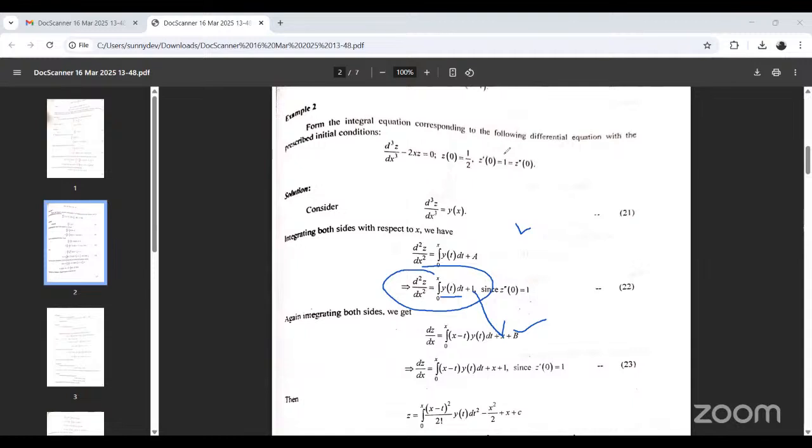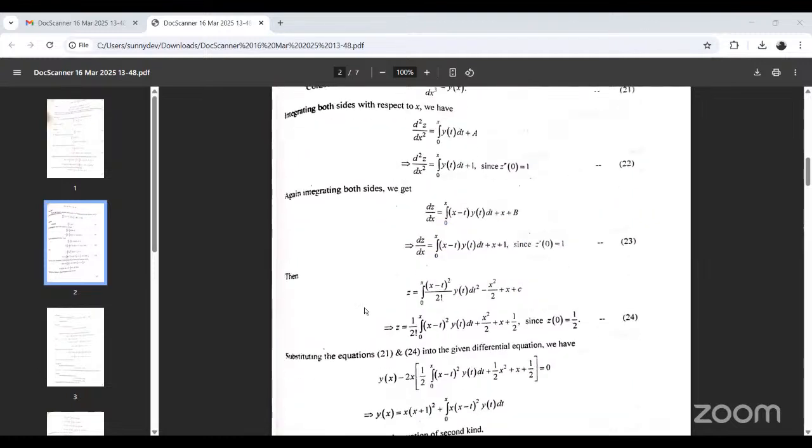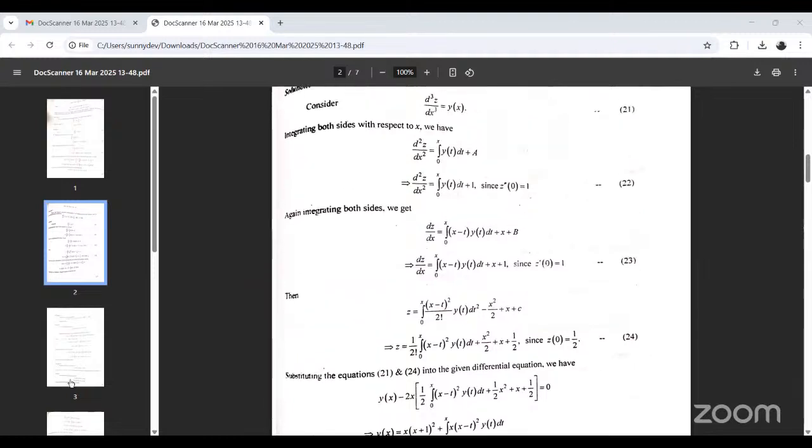Again, here dz by dx equals 1 when x equals 0, so we have to substitute that, and we get this one. So this is equation 23.